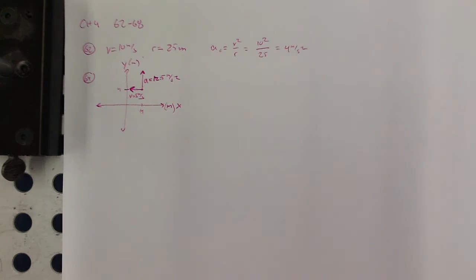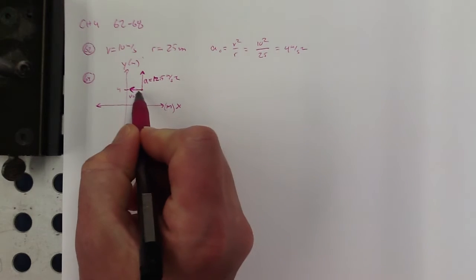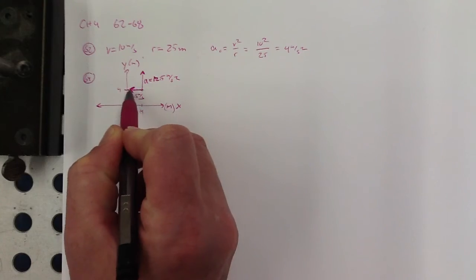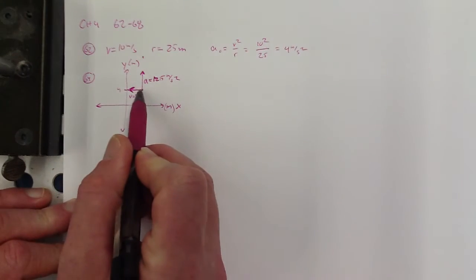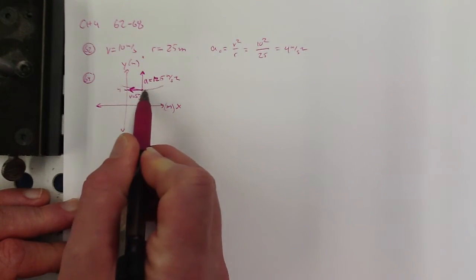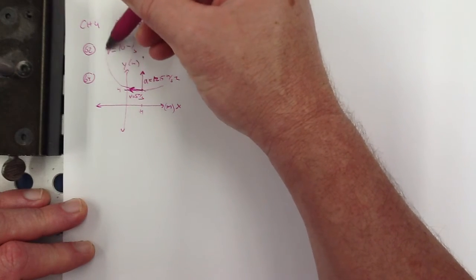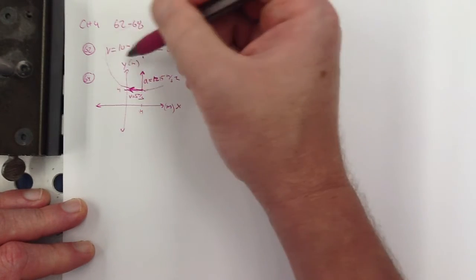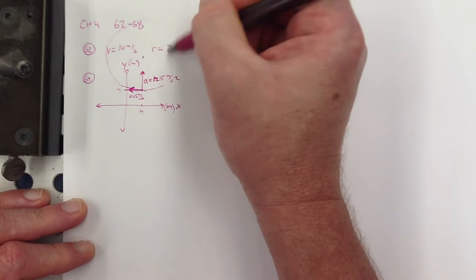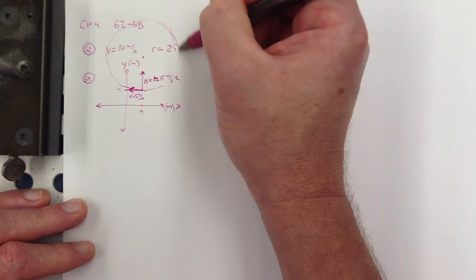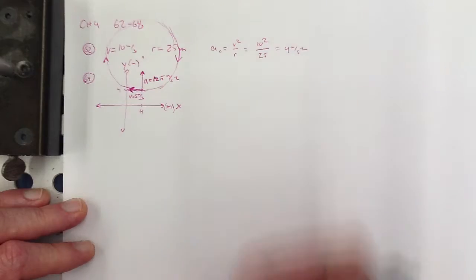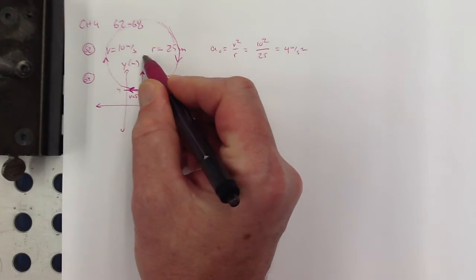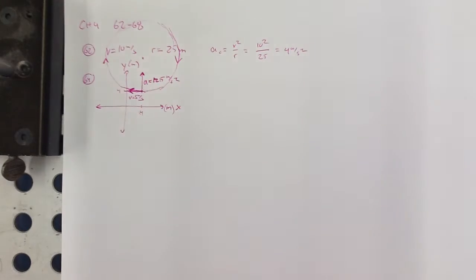So this is mostly about understanding the relationship between this velocity and acceleration vector. If this thing's going this way, then that's tangent to the path. And if the acceleration is pointing this way, then the center is somewhere up here. There's only one possible way we could construct that circular path, because this is pointing toward the center, and this is pointing in the direction it's going, tangent to the path.